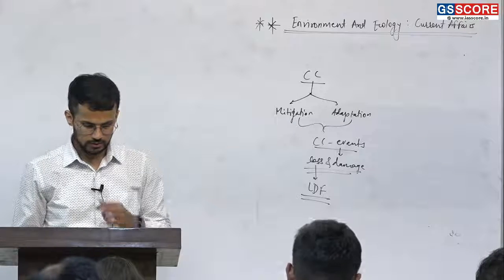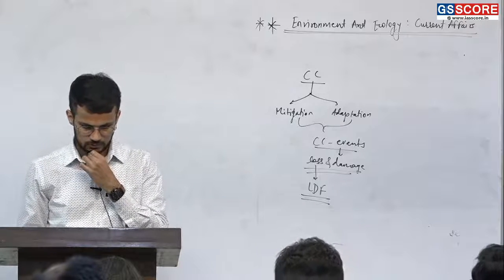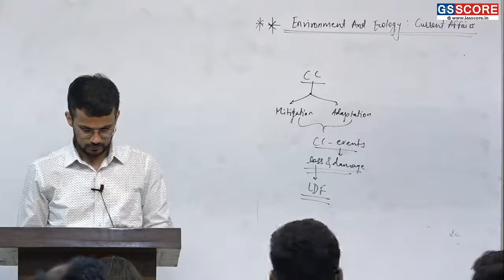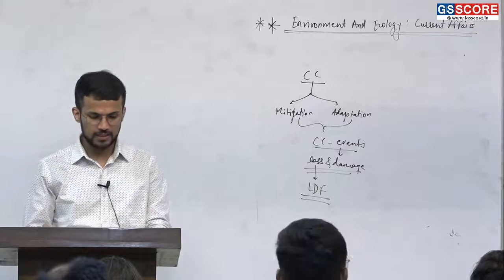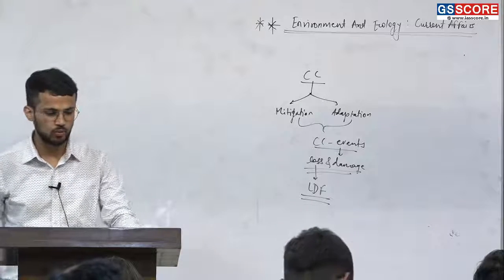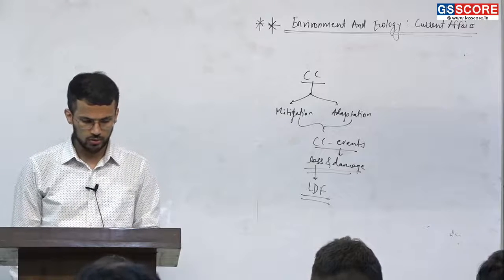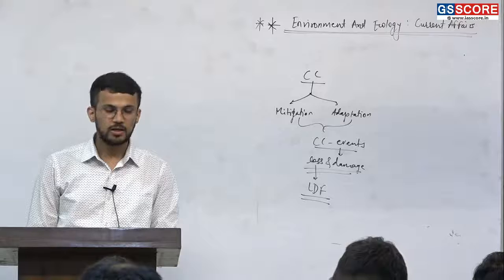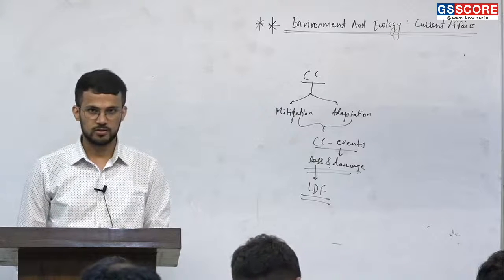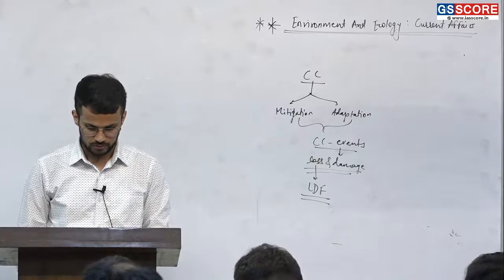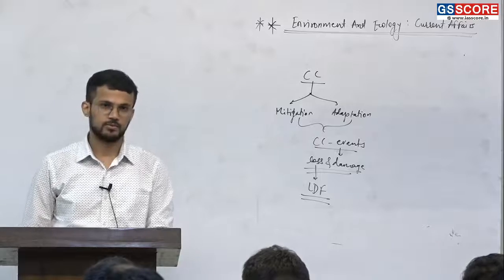Next is 86. Four new corals were recorded from Indian waters. Though the names are not important, they are azooxanthellae corals.